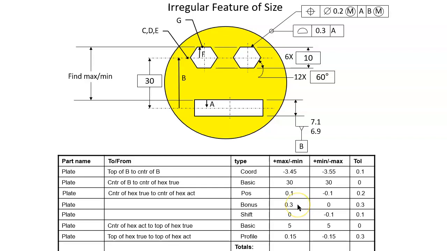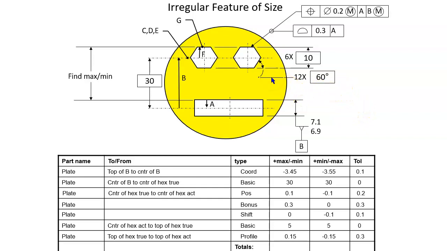And then we have to figure out which column it goes in. And remember, we always figure out which column our max bonus is going to go in by looking at where we went through the LMC radius and the MMC radius of our considered feature size.